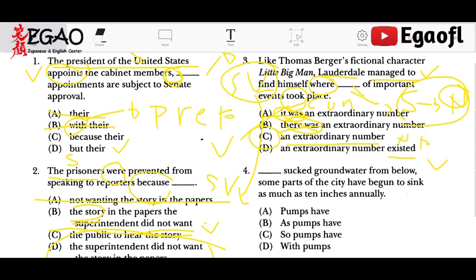And number 4. Space sucked groundwater from below, some parts of the city have begun to sink as much as 10 inches annually. Look at here, there is a comma. Okay, so if there is a comma, it means that it is about adverb connectors.